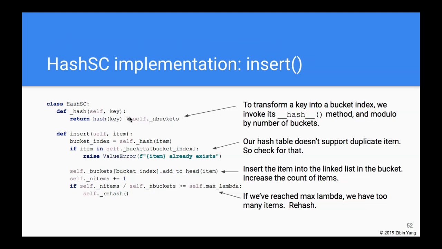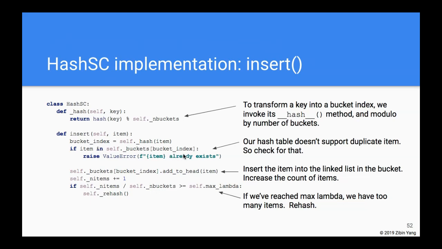So I fold the hashing of the key modulo the number of buckets into this single _hash method. Then in the actual insert, given an item, the first thing we do is hash it to get the bucket index.